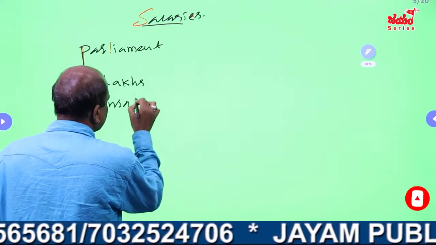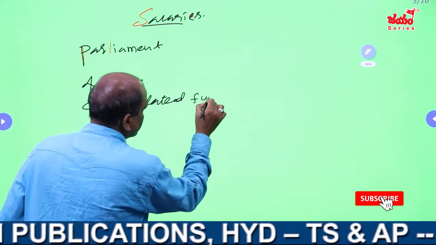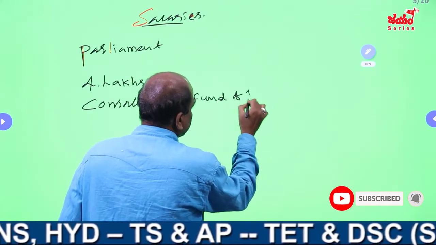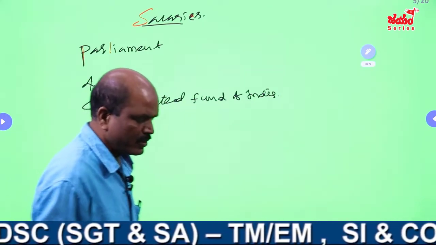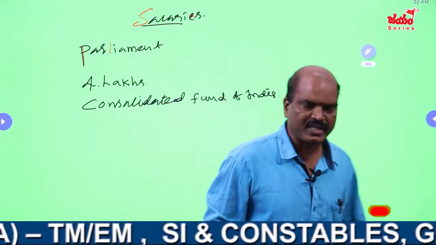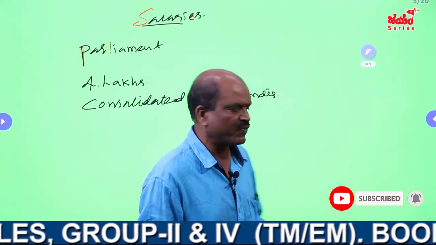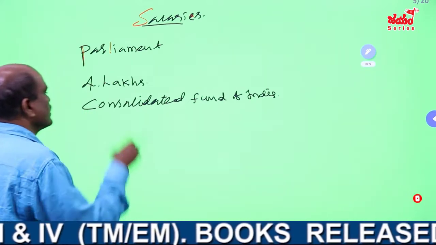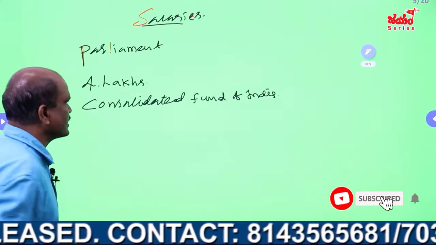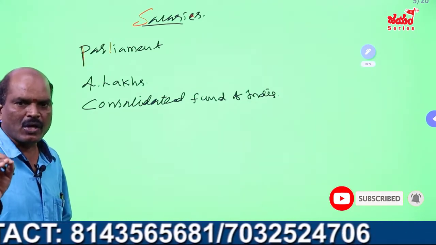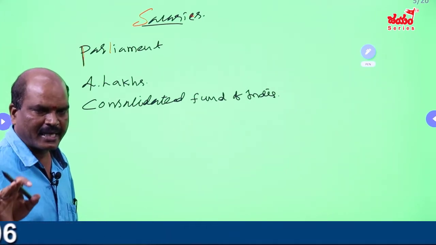The Vice President takes salary and pension from the Consolidated Fund of India. In India there are 2 funds: one is the Consolidated Fund of India, the second is the Contingency Fund of India, both under the control of the Union Government.